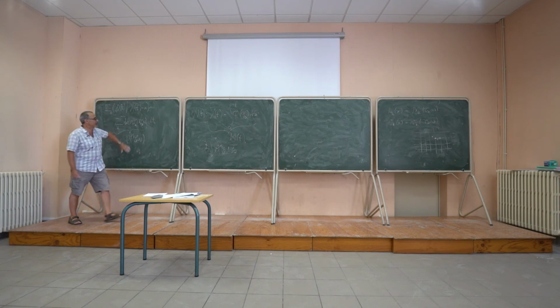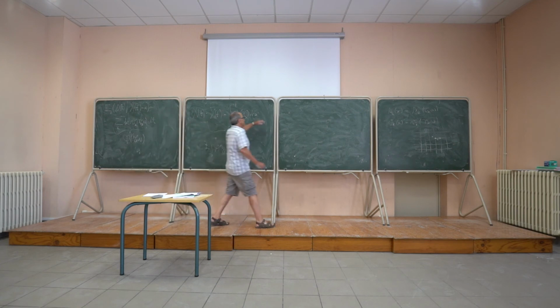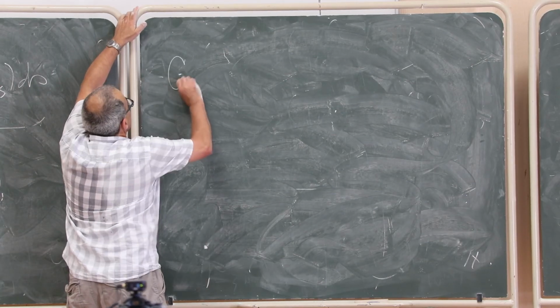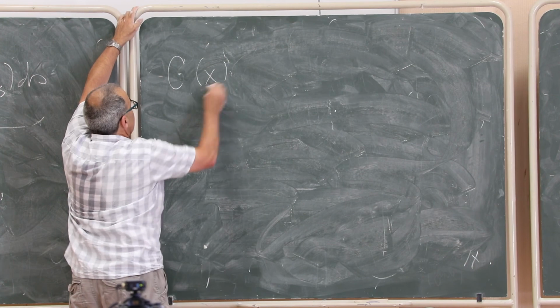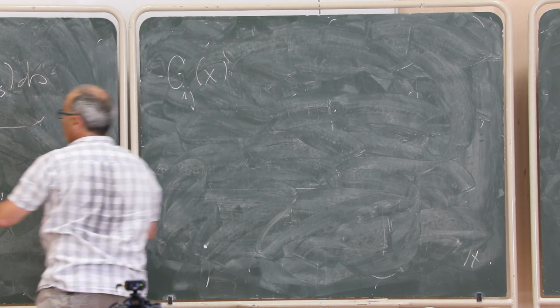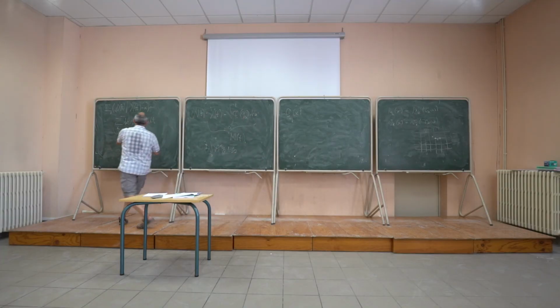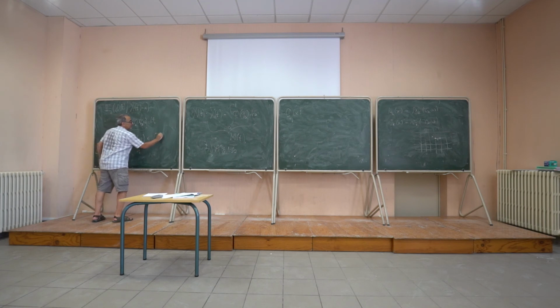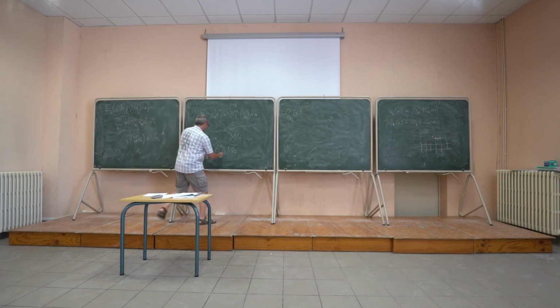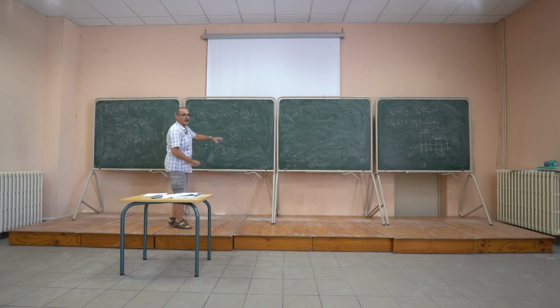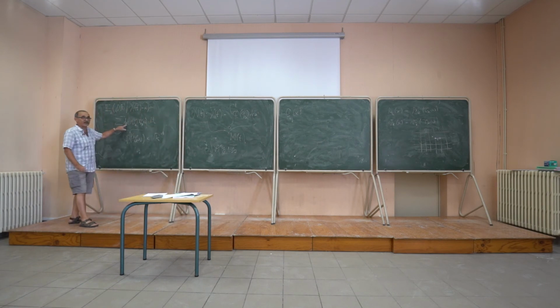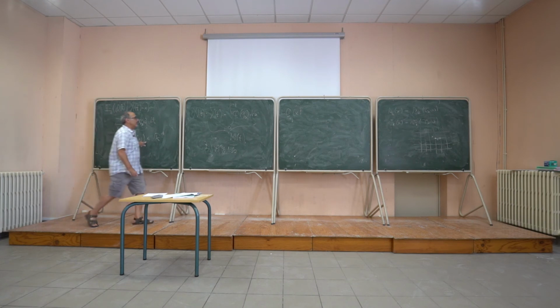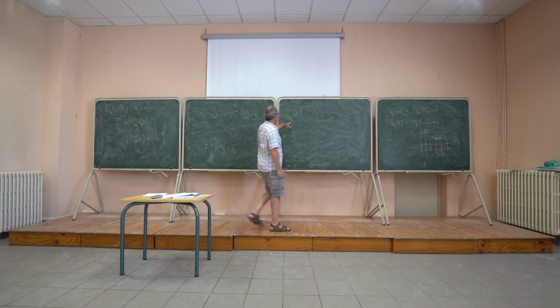So denote by C_k^{ij}. By the way, these are vectors, these are in R^d, and they have components. k is a vector, so that's why I put here ij.